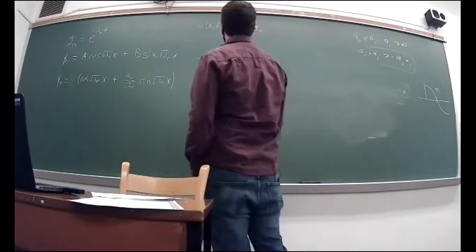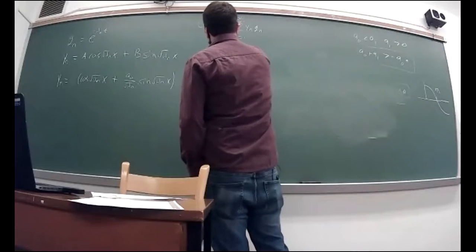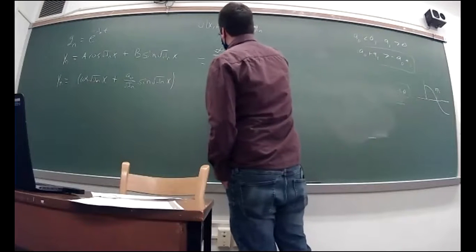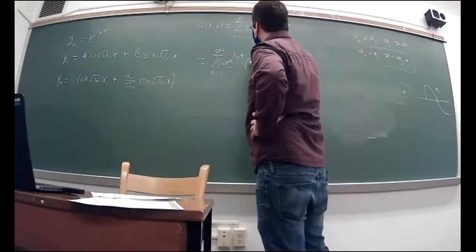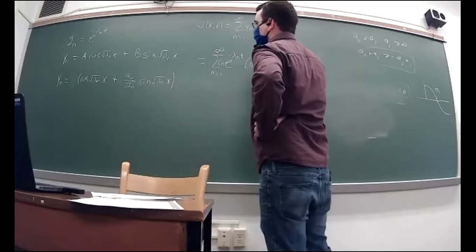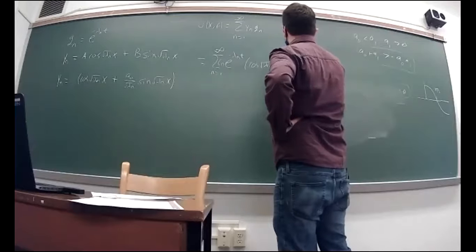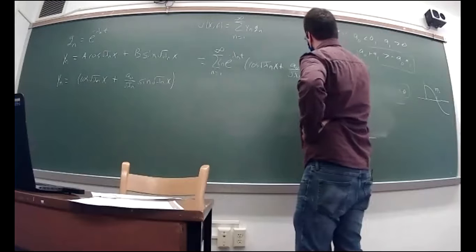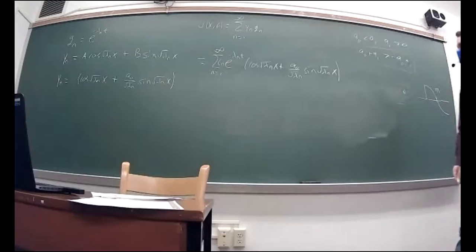I'll write the g sub n first: it's going to be a constant times e to the minus lambda n times t, and then times cosine root lambda n times x plus a naught over root lambda n times sine root lambda n times x. So this is your solution.